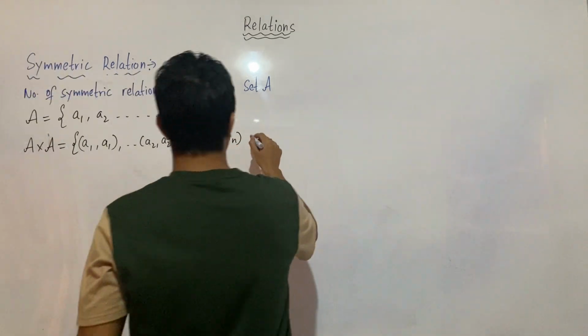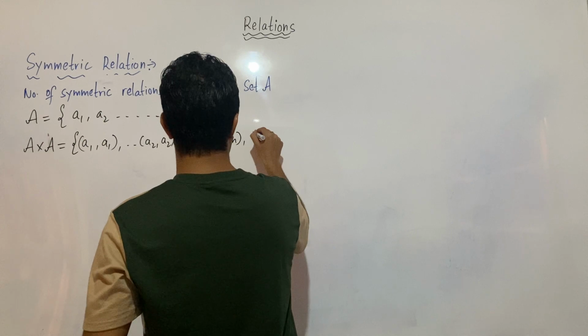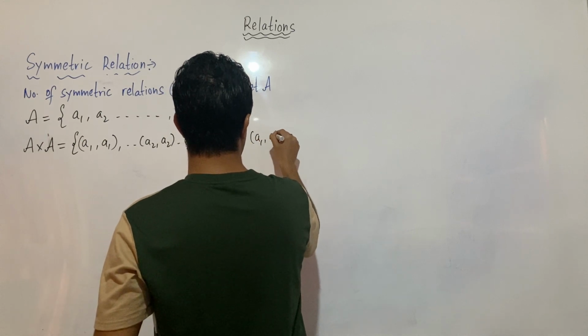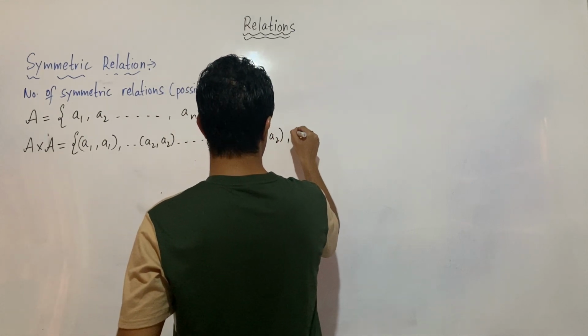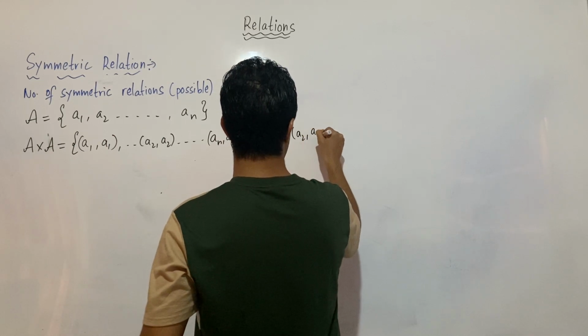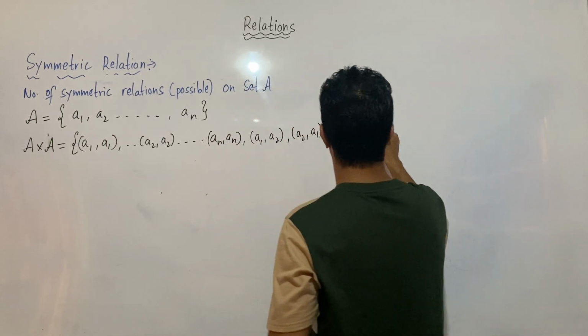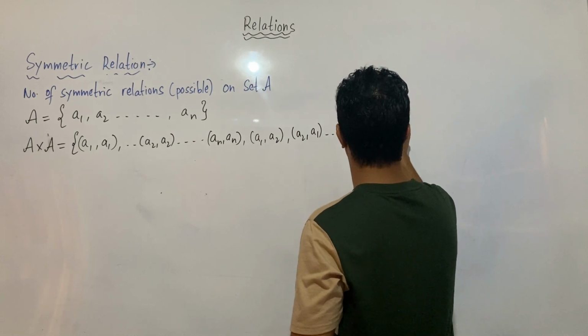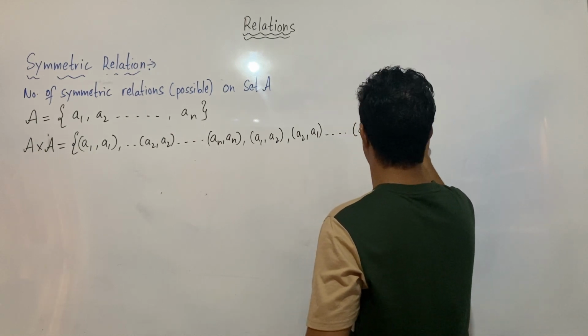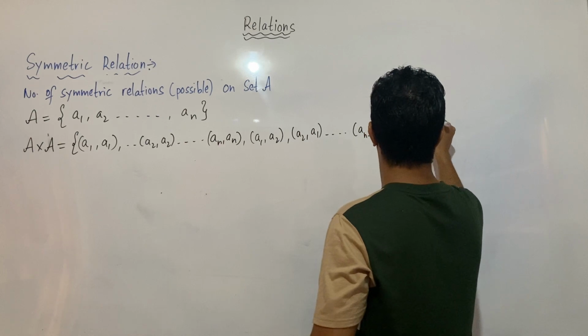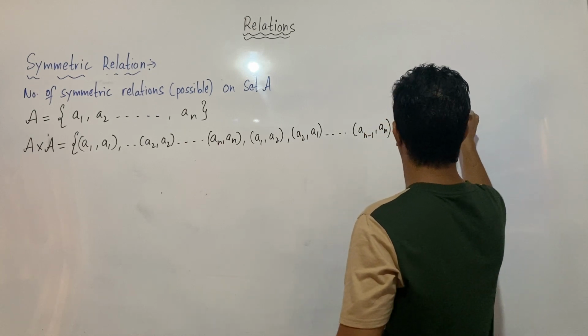Then we have terms like A1, A2, then A2, A1, and so on up to A n minus 1, AN, and AN, A n minus 1.